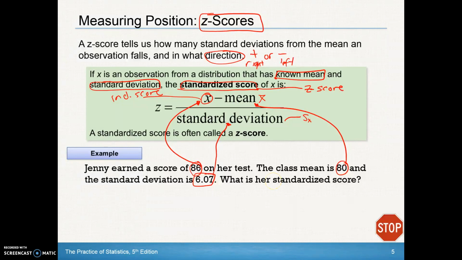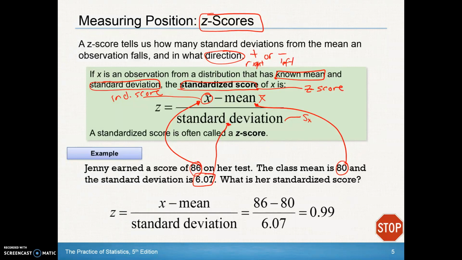So we just want to figure out our standardized score, so it's a matter of just putting those numbers into the formula and calculating. So again, what this means is that her score of 86 is 0.99 above, because the value is positive, the mean. So she's roughly about one standard deviation above the mean.